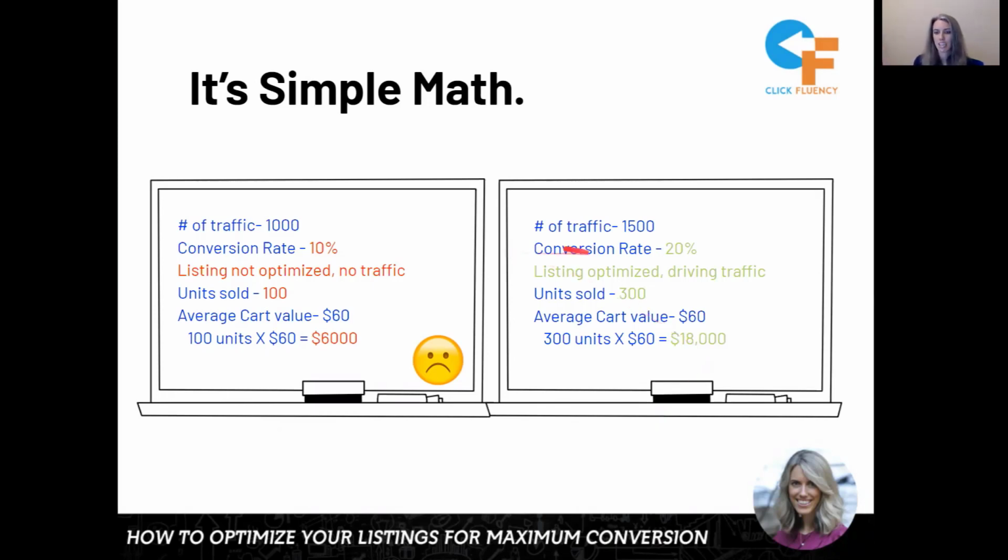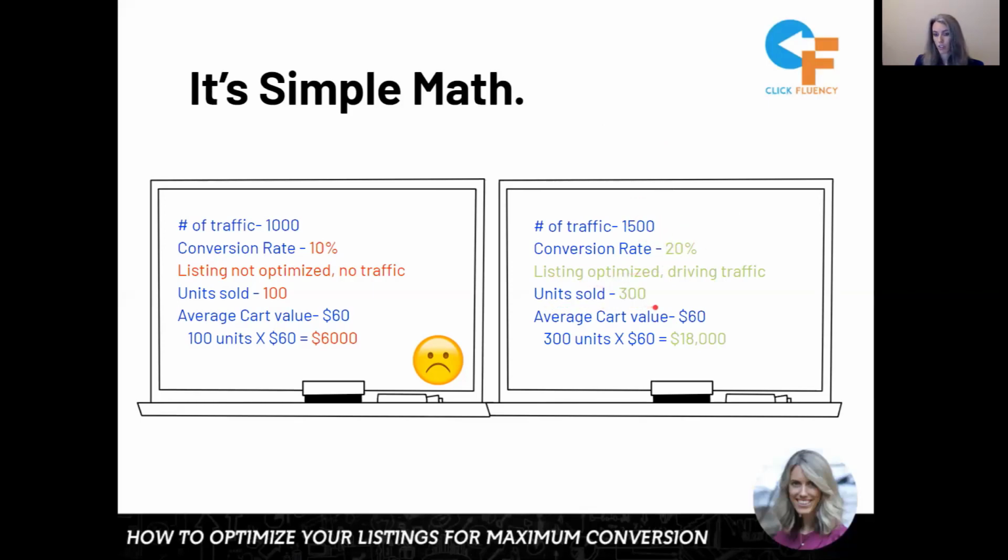So let's say in this example, you've got 1,500, so you've increased your traffic. That's one part of it. The traffic's one part. Increasing conversions is the other one. So let's say you jump up to a 20% conversion rate because your listing's optimized and you're driving traffic, which is why you see this increase here and here.